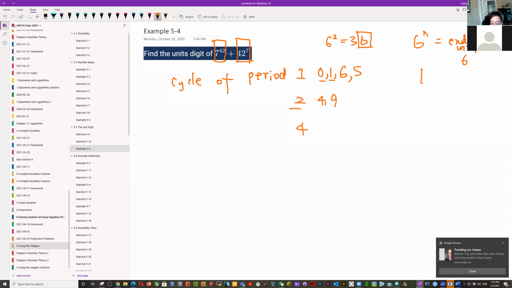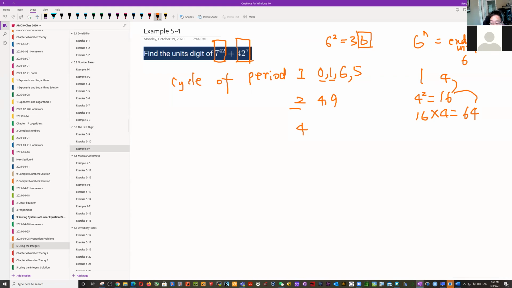Because 4 squared is 16, and 16 multiplied by 4 equals 64. So when we multiply by 4 again and again, it starts at 4 and goes to 6, then goes back to 4 again. So it's ping-ponging between 4 and 6.